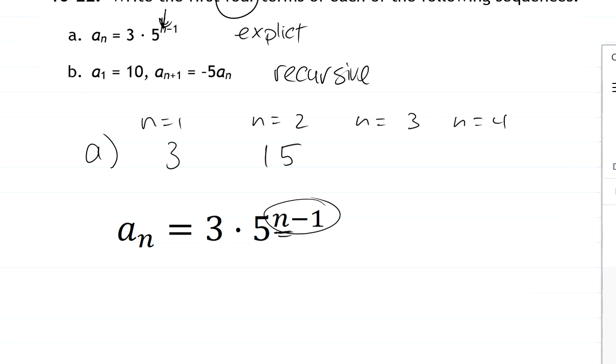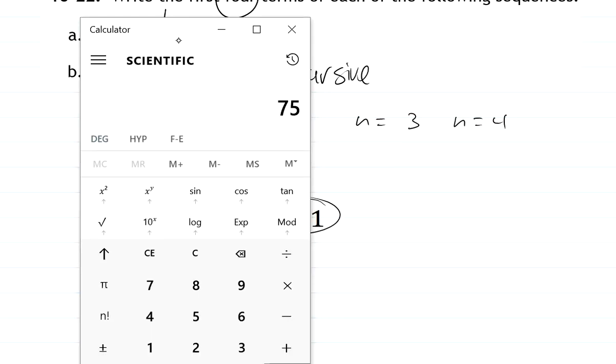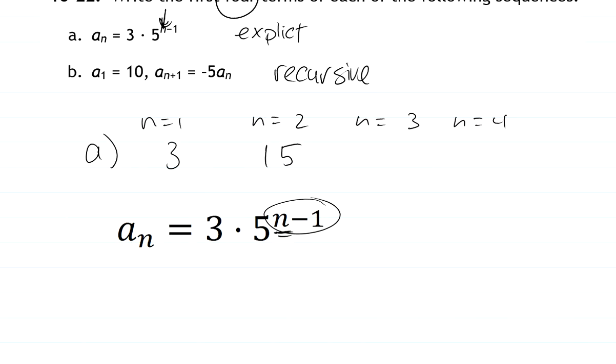So if I take 15 and multiply by 5, I believe I'm at 75. Let me do 15 times 5 on my calculator, and yeah, 75. So we're going to place 75 here.